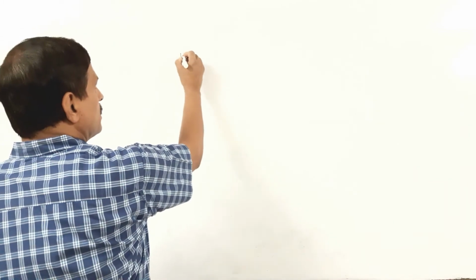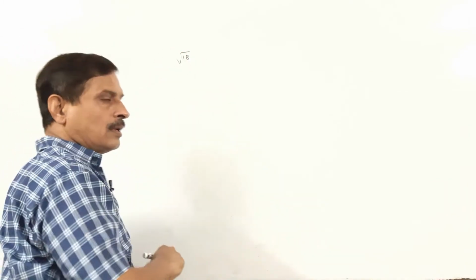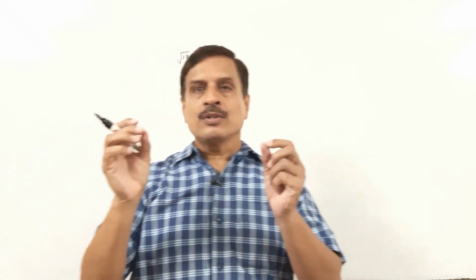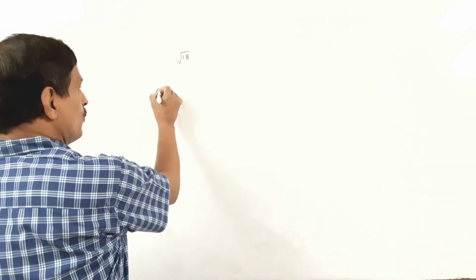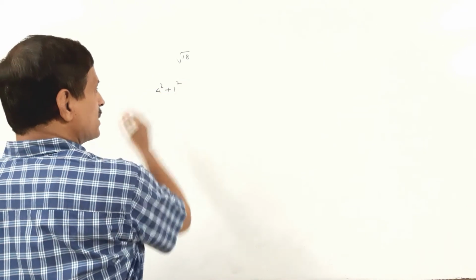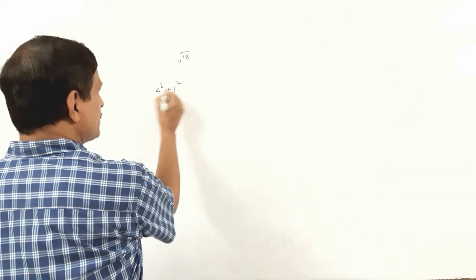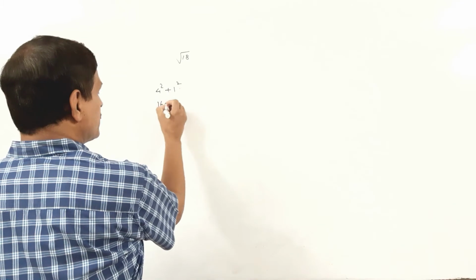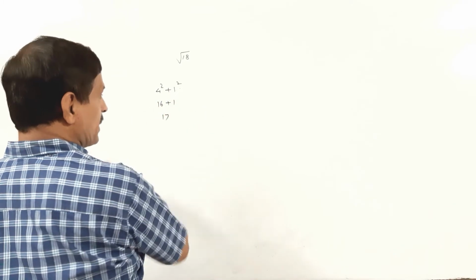Now suppose we have to represent root 18 on the number line. So first of all, we will try to select two numbers whose sum of squares is very close to this 18, and we know 4 square plus 1 square, that is 16 plus 1, and that is 17.